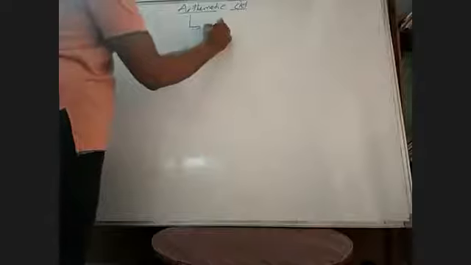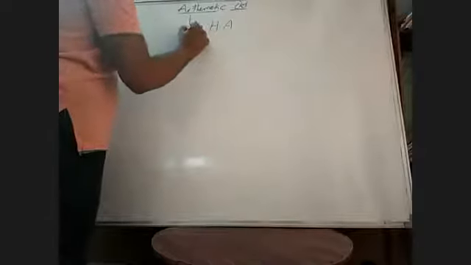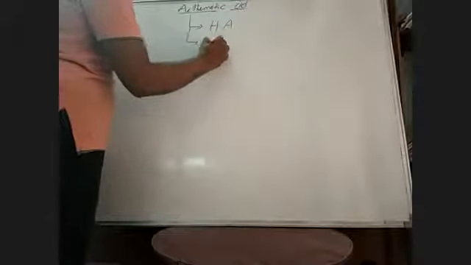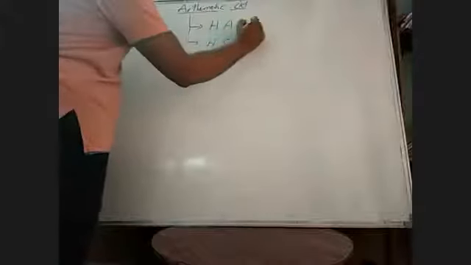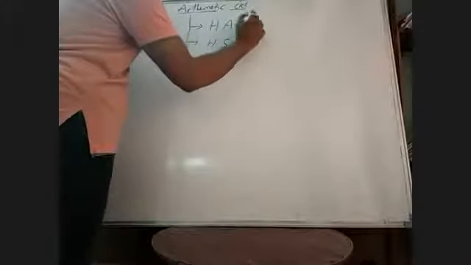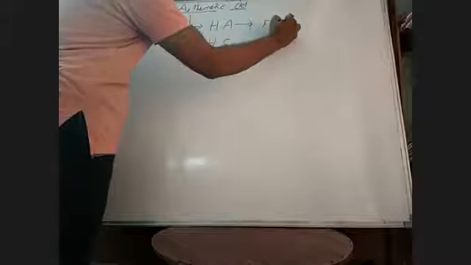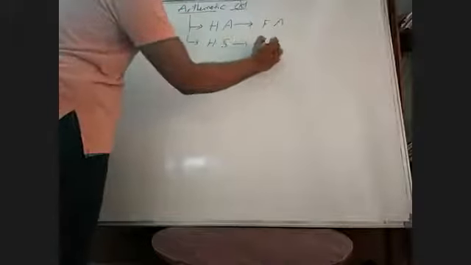In arithmetic circuits, we are going to study topics like half adder and half subtractor. Similarly, we'll continue with the full adder and full subtractor, and their realizations and logic circuit diagrams.